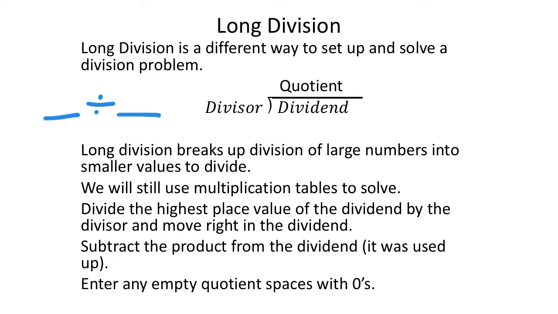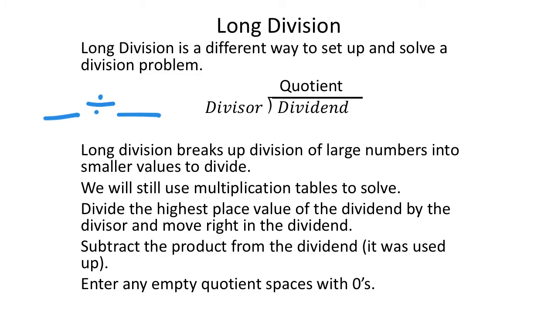and that'll come into play as we see some of these examples. So divide the highest place value of the dividend by the divisor and move to the right. This is where we find some confusion, because generally when we were using addition, subtraction, and multiplication, we said start as far to the right as you can go and then move to the left. I'm talking about place values: you start in the ones place value, then the tens, then the hundreds.